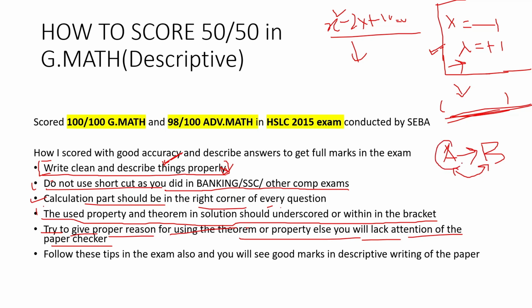In words they may seem similar, but you have to use theorem A. Do not use theorem B. If you want full marks in a descriptive examination, they expect you to use the right theorems or properties, and they do not allow mistakes. So this is the thing that we have to remember.